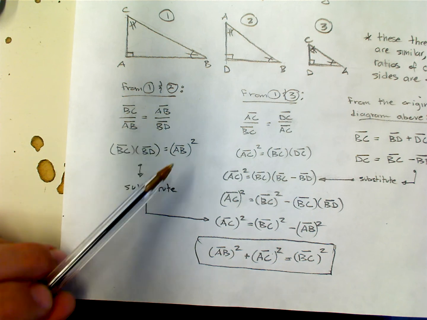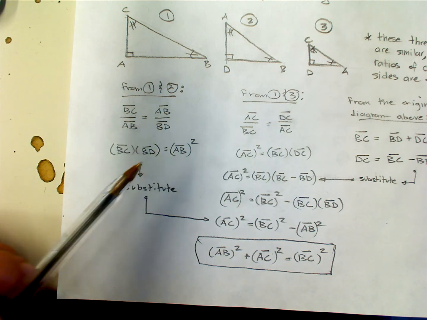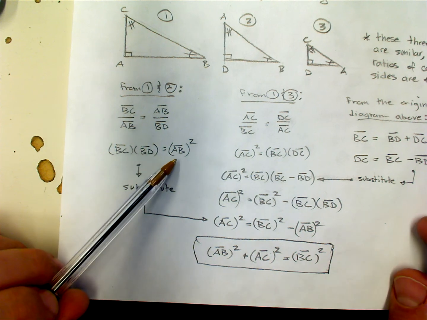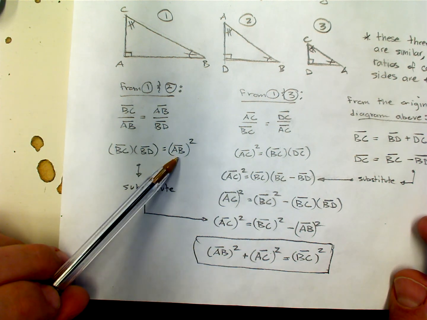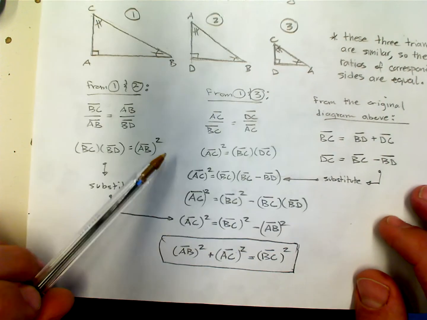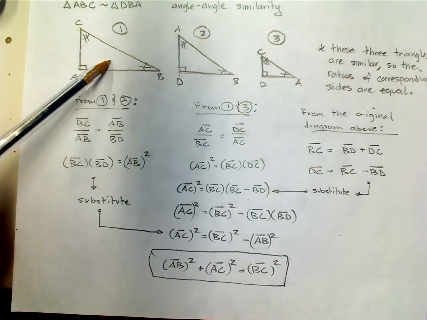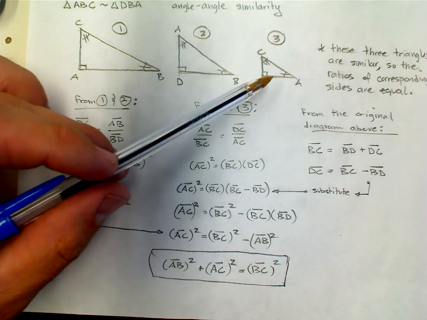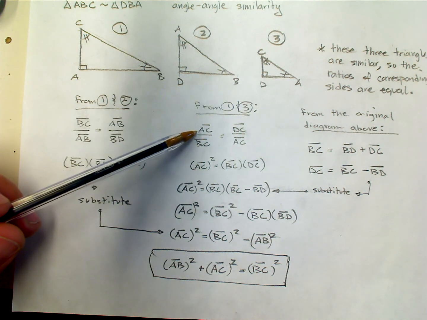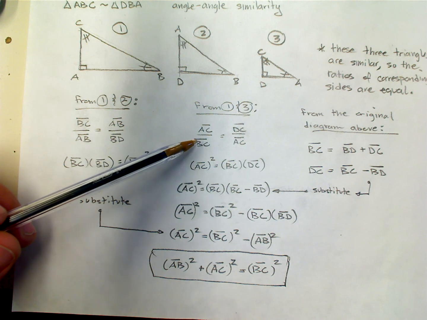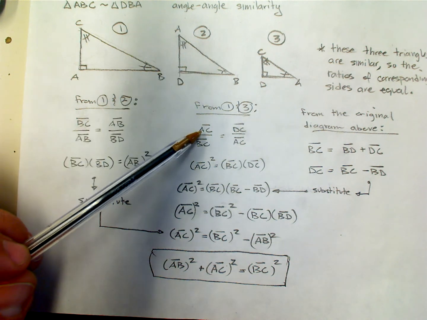And that's helpful and interesting because we know that we end up with the side lengths squared in our final Pythagorean theorem. I'm going to look at the first triangle here, the big triangle, and the little triangle now. And what I'm choosing here is again the hypotenuse and the short side.